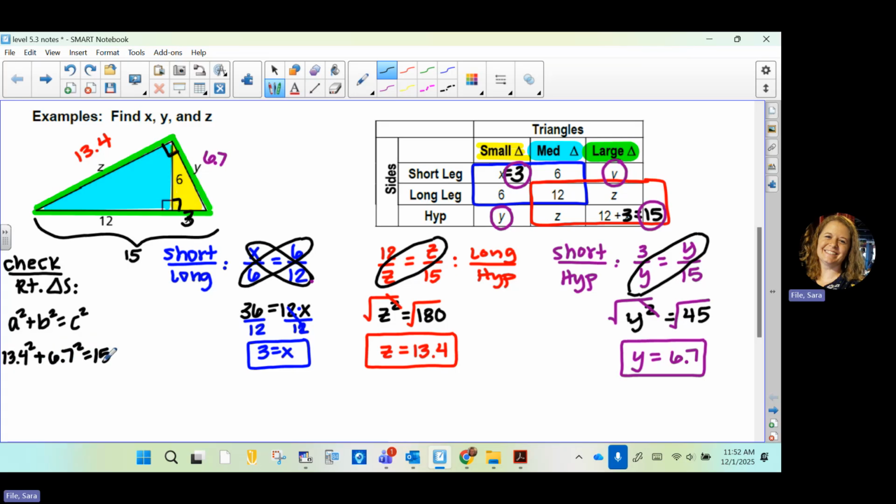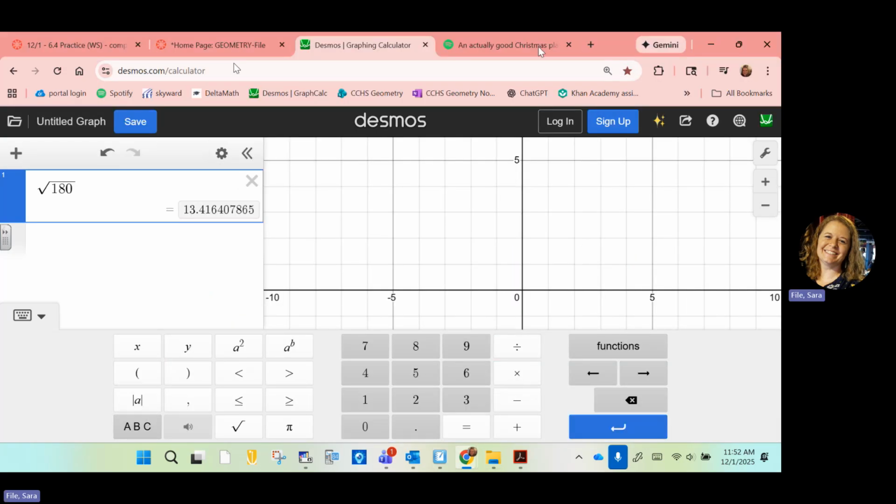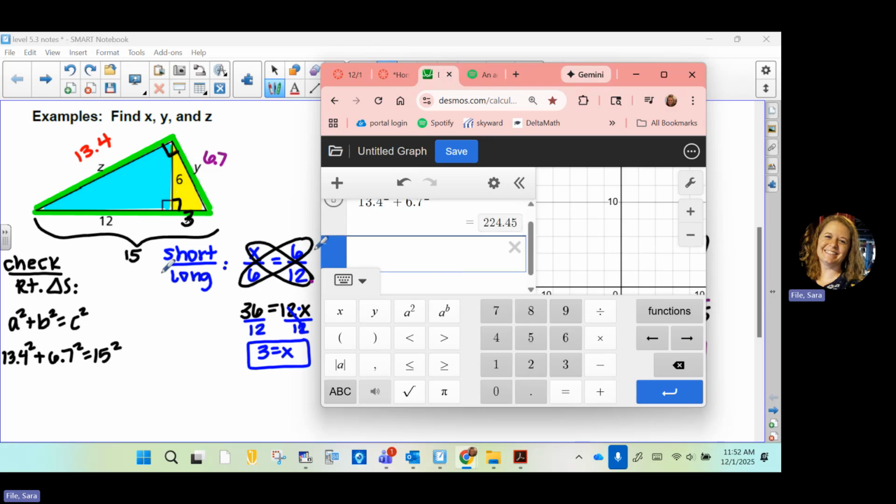So I could check this in Desmos. And so I could come over here and I could write 13.4 squared plus 6.7 squared. And then on another line, I could write the 15 squared.